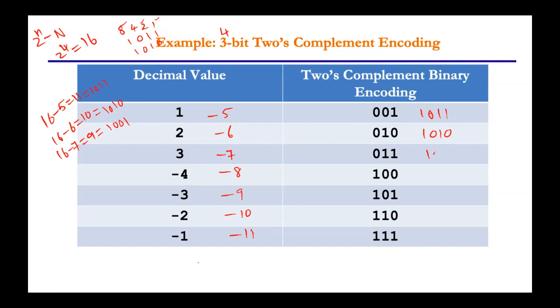For 7 it is 0111. For minus 8, the 2's complement binary is 16 minus 8, which is equal to 8, that is equal to 1000.